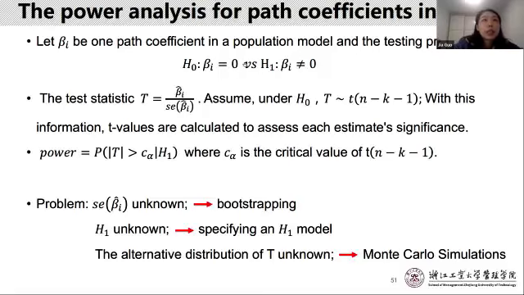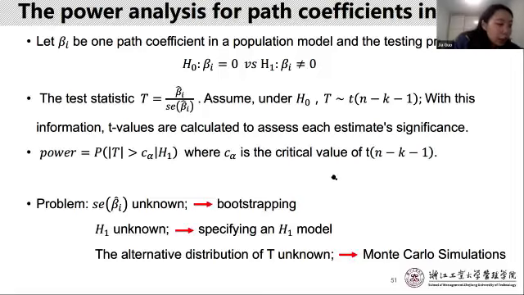This is a testing problem with a test statistic, and we assume that under the null hypothesis, the test statistic follows the t-distribution with degrees of freedom n minus k minus 1. If we have this information, we can calculate the t-values, and then we can get its associated p-value. And this is a calculation of the power. The c alpha here is the critical value of the same t-distribution.